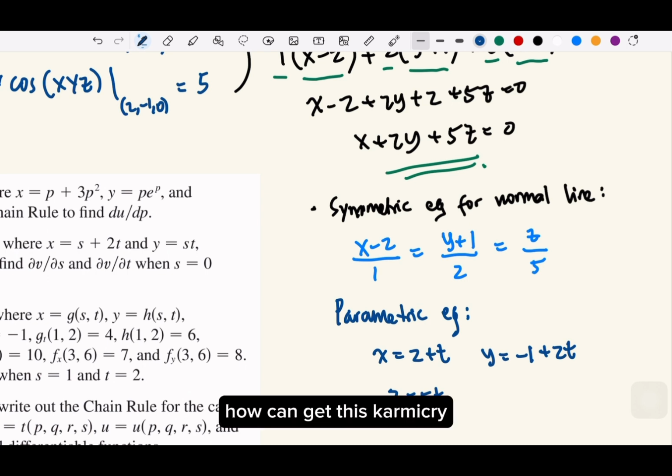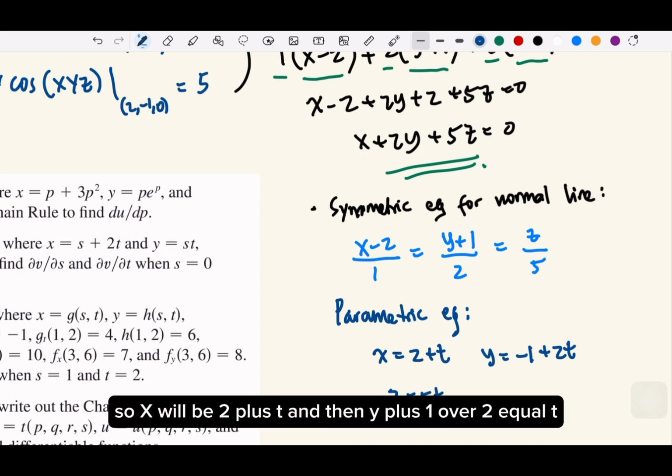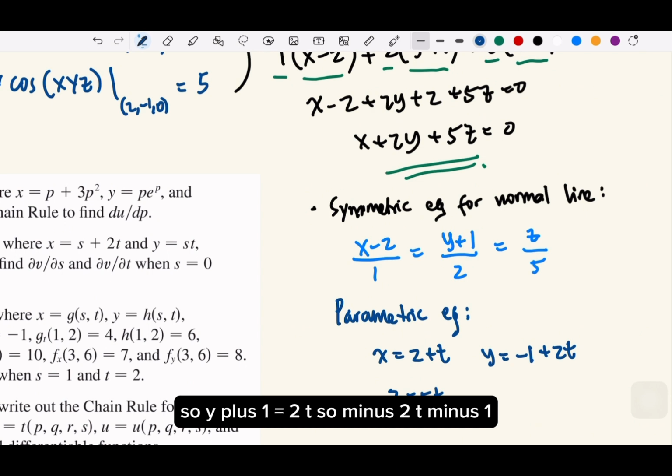How can we get this parametric form? We can set all of this equal to t. So x minus 2 equals t, so x will be 2 plus t. And then y plus 1 over 2 equals t, so y plus 1 equals 2t, so y is 2t minus 1.